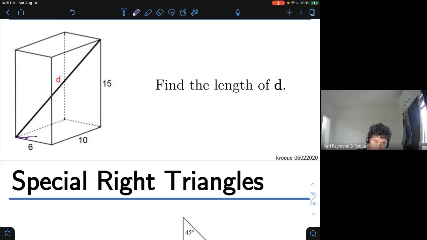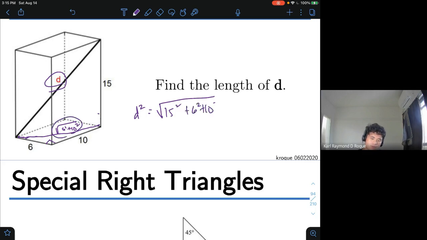Let's get the length of this. Since it's a rectangular prism, all angles are right angles. So, we can use the Pythagorean theorem. The length here is the square root of 6 squared plus 10 squared. And we know that d squared equals 15 squared plus the length of this squared. The square root of 361 is 19.